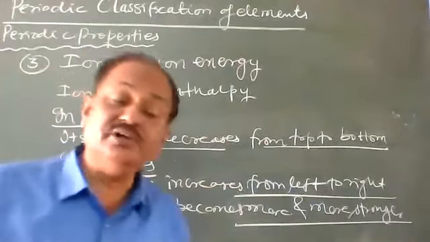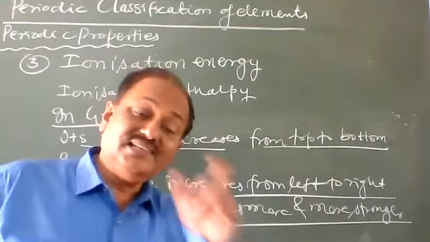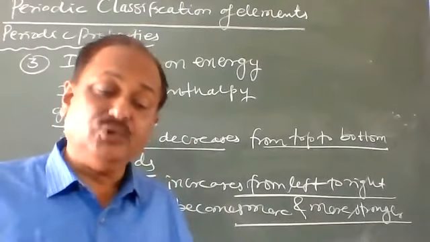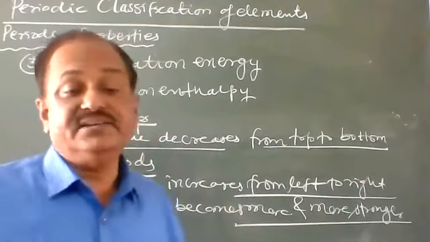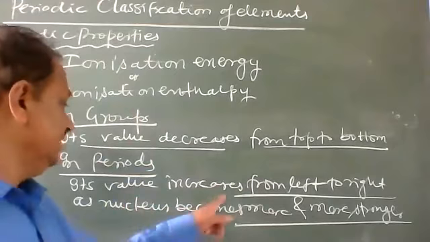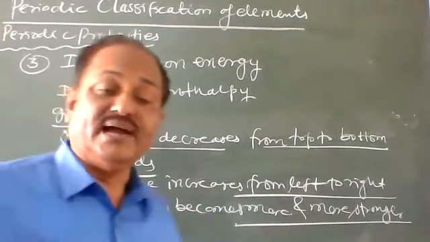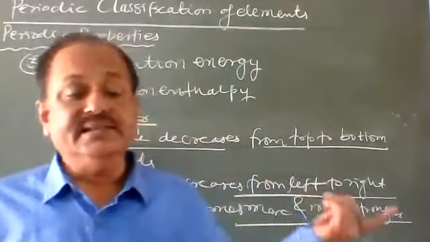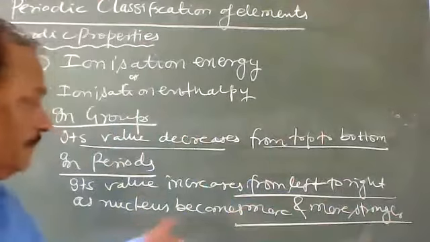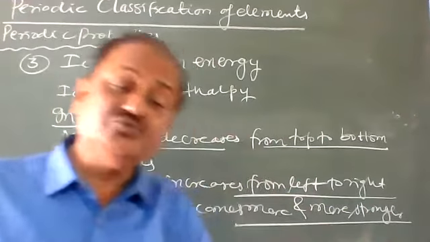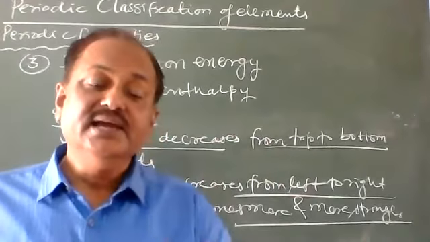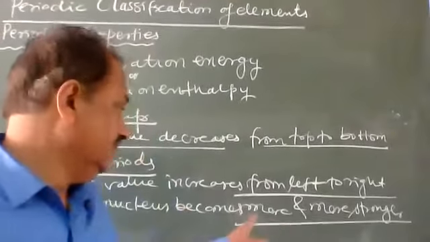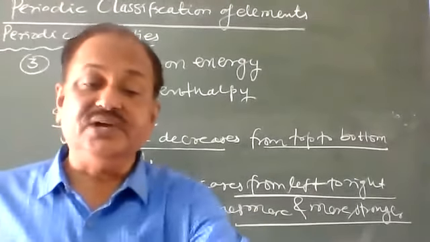Nucleus becomes more and more strong because in the same cell electrons are added, in the same cell protons are added, and so this is the reason that in case of periods its value increases from left to right, because additional energy is required, and so energy will be more and more because electrons will be strongly bonded. So the value of ionization enthalpy keeps on increasing from left to right in a period.